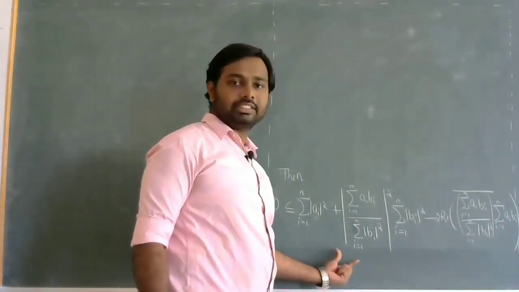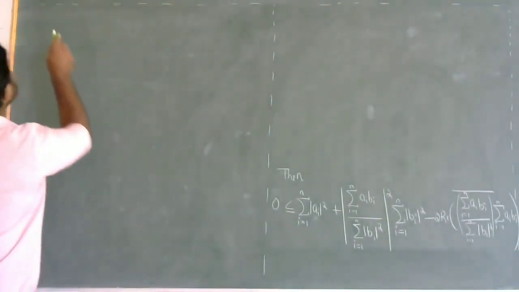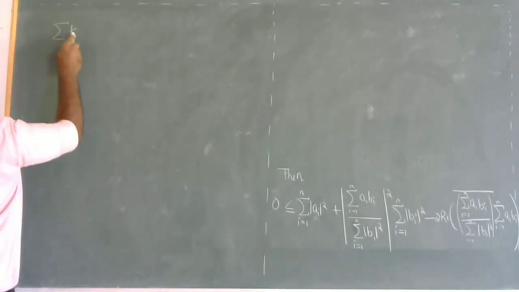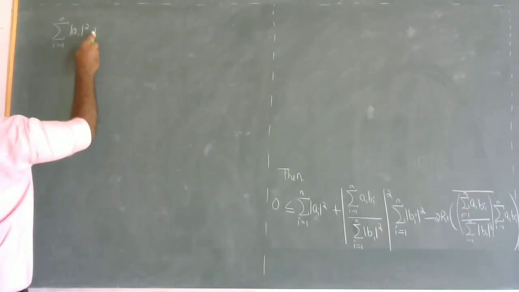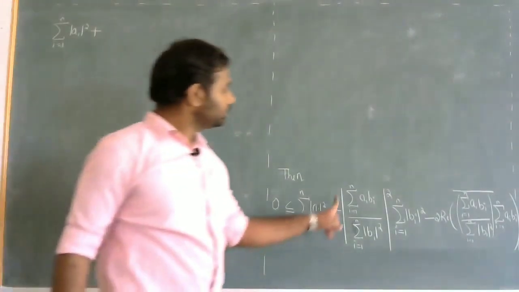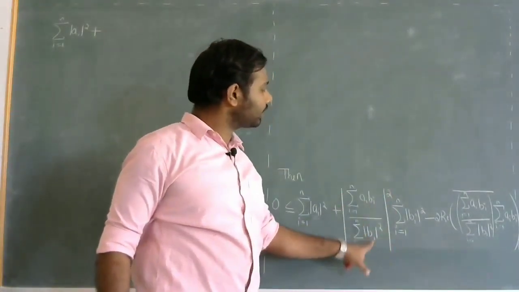Now we shall simplify this step. Summation modulus of ai whole square as it is, plus modulus of this fraction whole square.